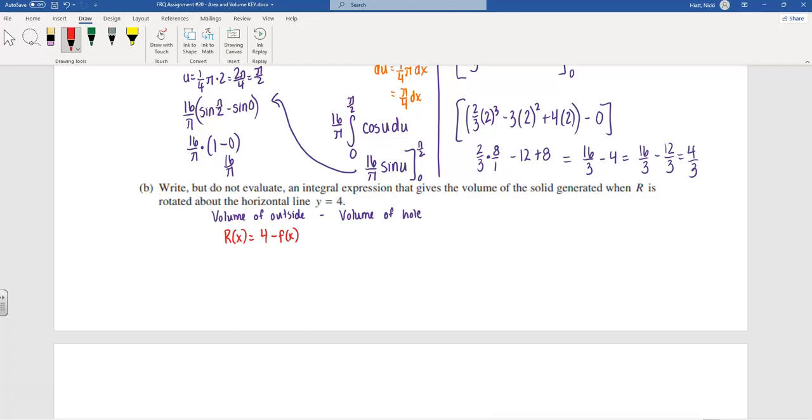If they had named one of those functions R of X, which I don't think they would do on a problem like this, then definitely pick a different letter for your radius.